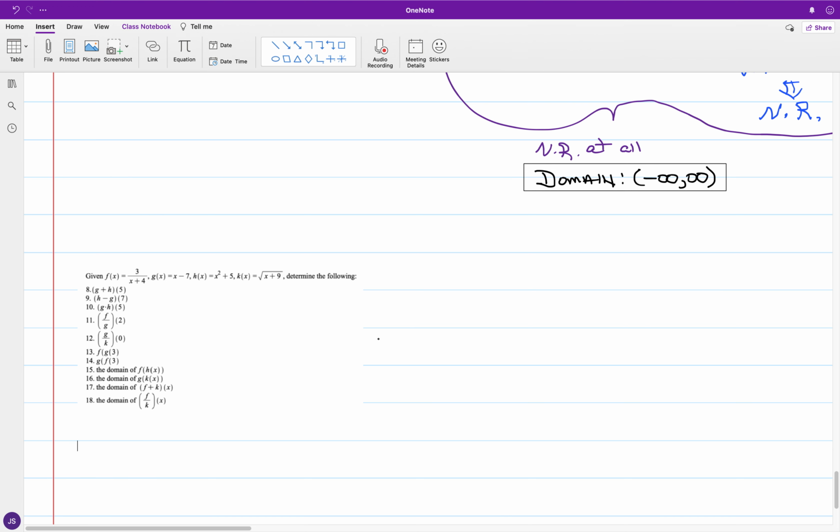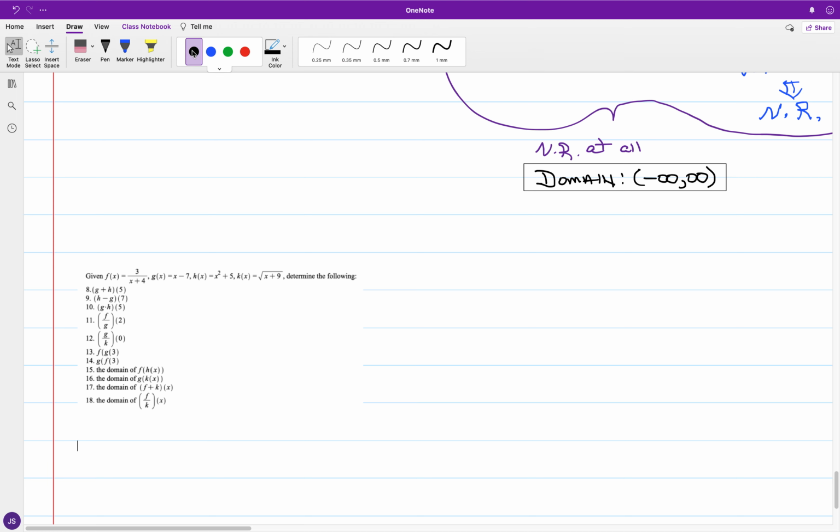So for g composed with k of x, if I start out with the composition notation, you have g composed with k of x, and this is going to lead into the compact notation where I have g of k of x.